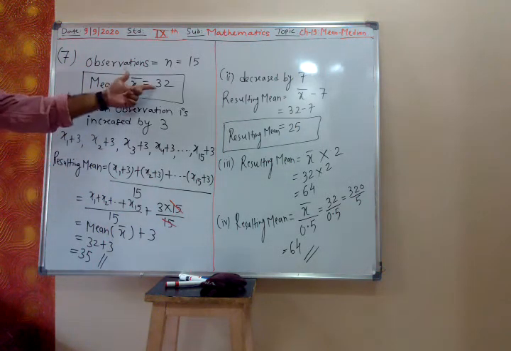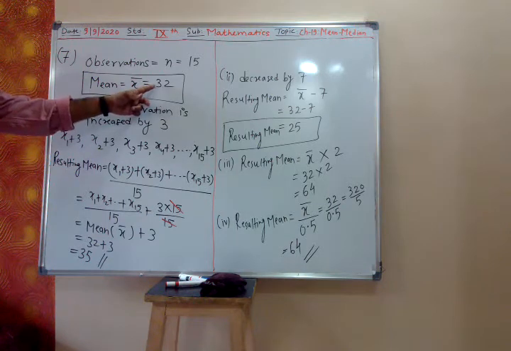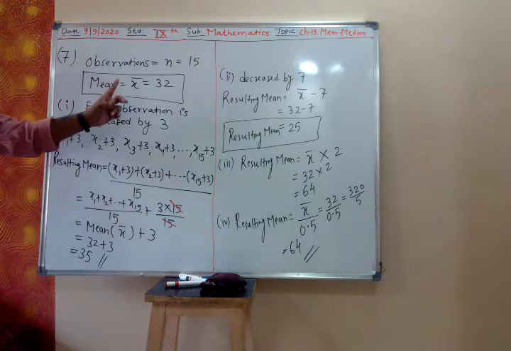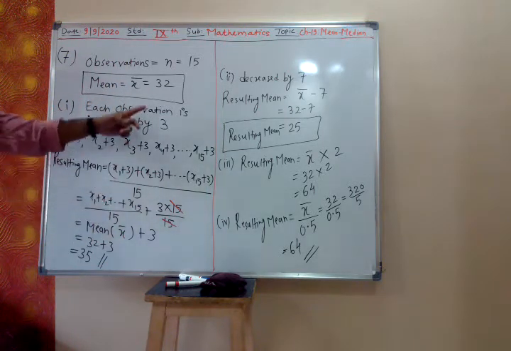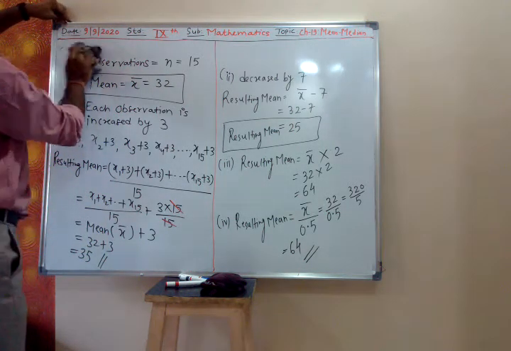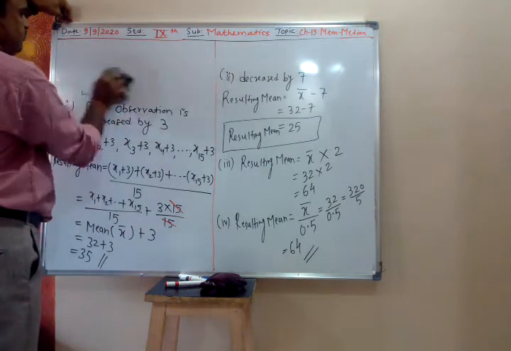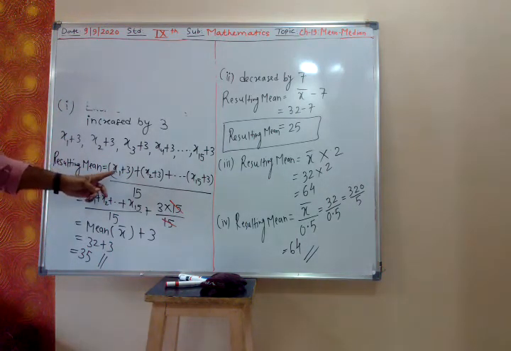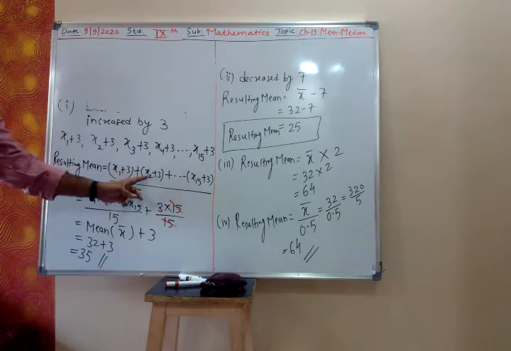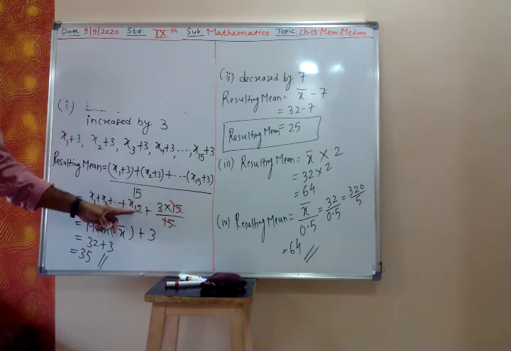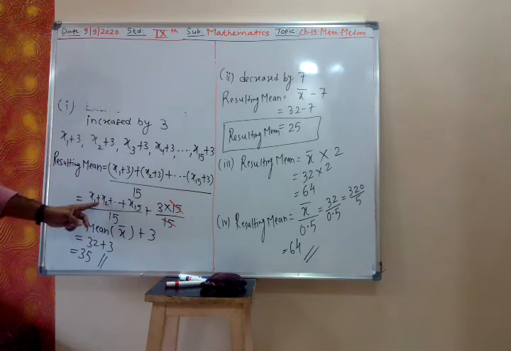It will not be 32, this will be summation x. Summation x by 15 is nothing but my mean value. 15 values in total divided by 15 is nothing but the mean value, which is given. So x1 plus x2 up to x15, we are adding all the values of x and then dividing by the total number of values given.